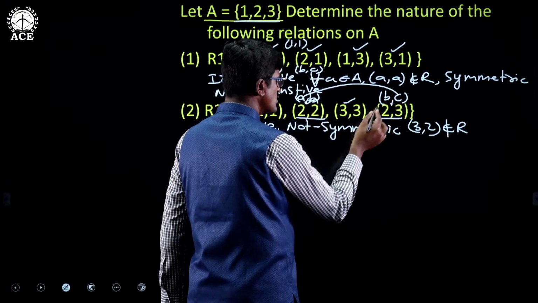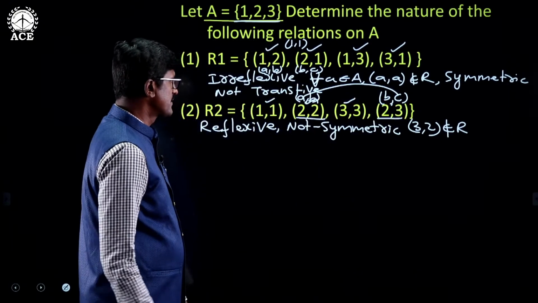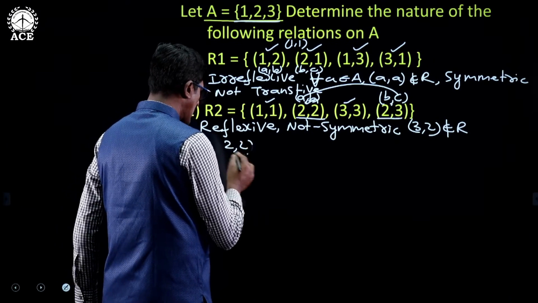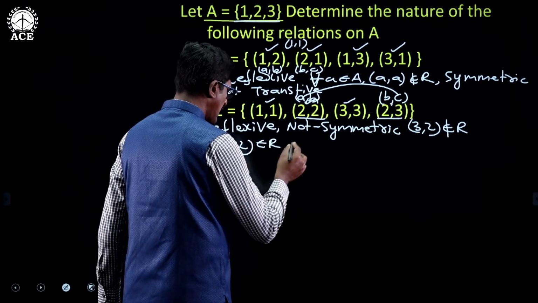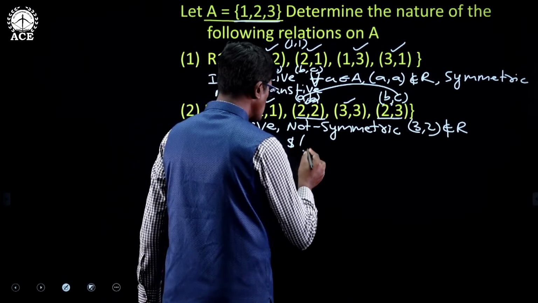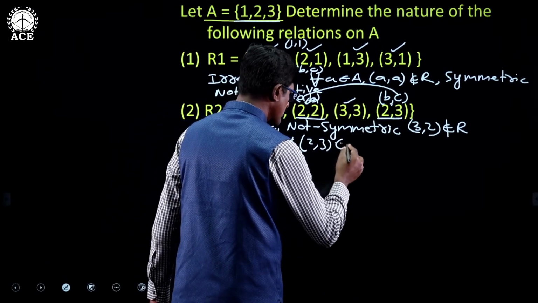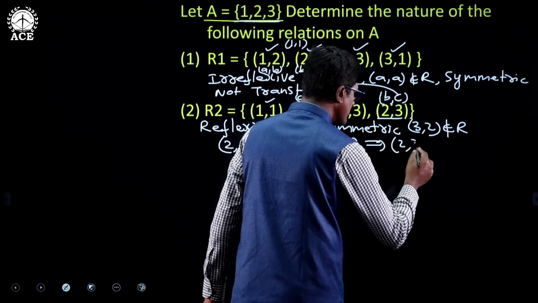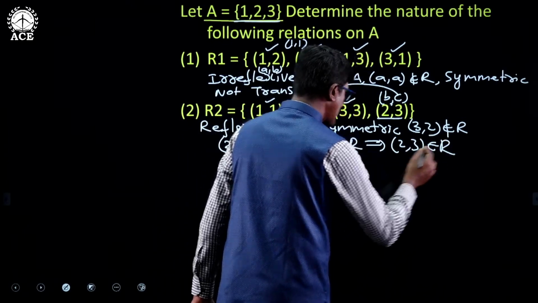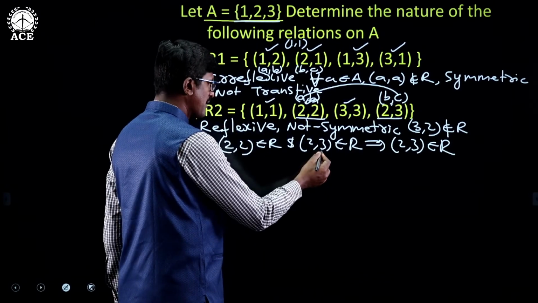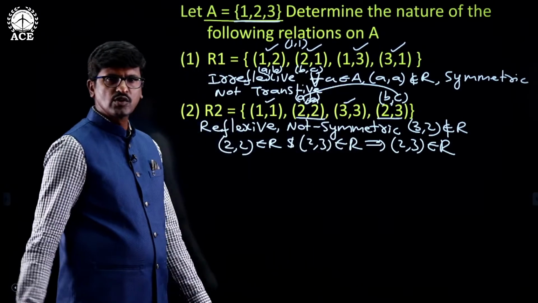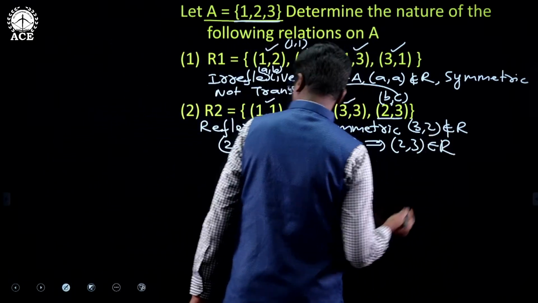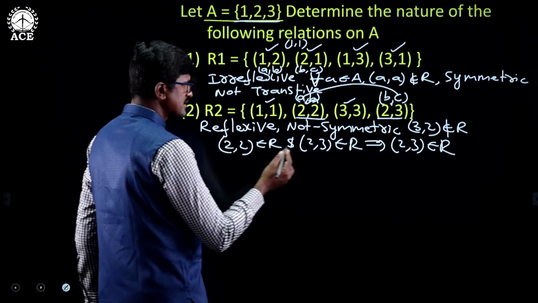Here (2,2) belongs to R and (2,3) belongs to R, which implies (2,3) belongs to R. It's like (a, b), (b, c), and (a, c) is (2,3), which belongs to R. Therefore, this is a transitive relation.